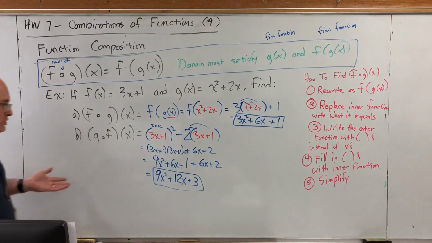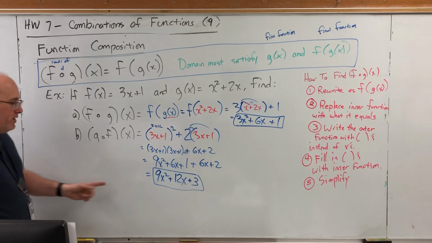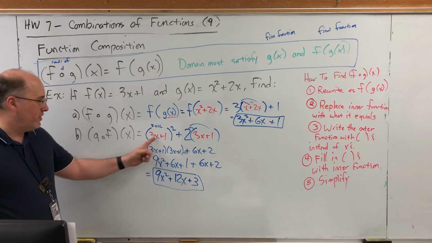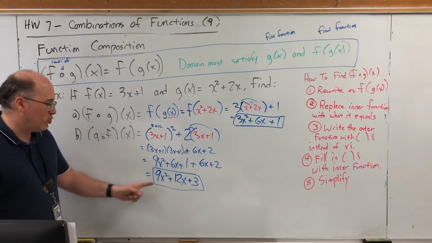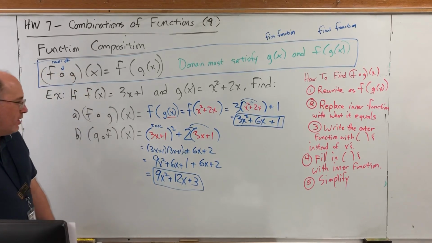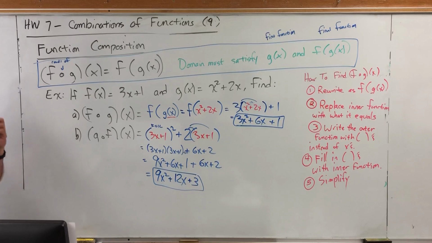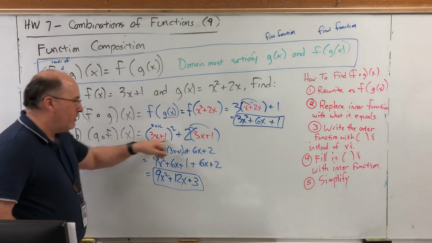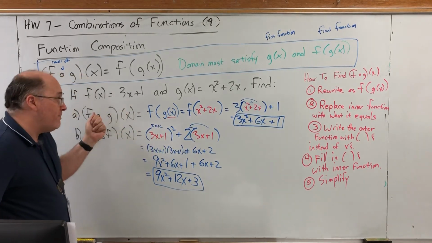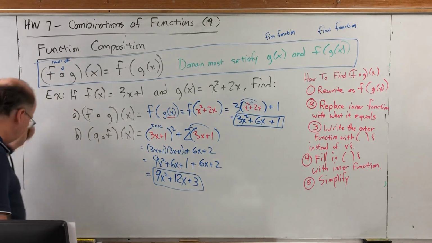And the domain of this one would also be all real numbers because the first function, the 3x plus 1, and the final function, 9x squared plus 12x plus 3, are both just polynomials. So function composition can get a little bit congested because you're putting one function inside of another, and the simplification can be pretty straightforward if you just stay focused.